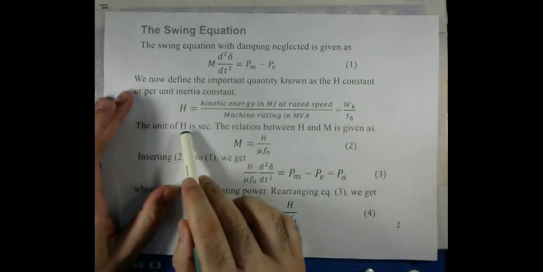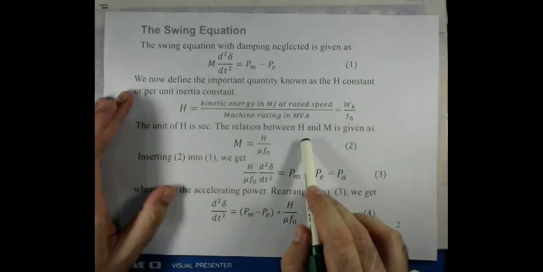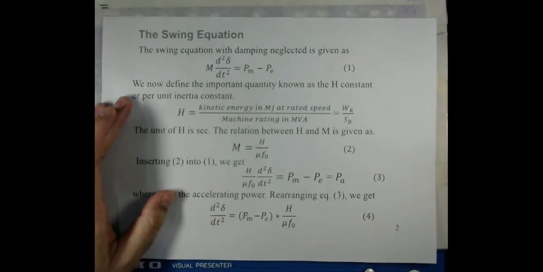The unit of H is second, and the relation between H and M is given like that. M is also a constant, related with the H constant via this particular relation, where f0 is the frequency which leads to the synchronous operation of the machine.